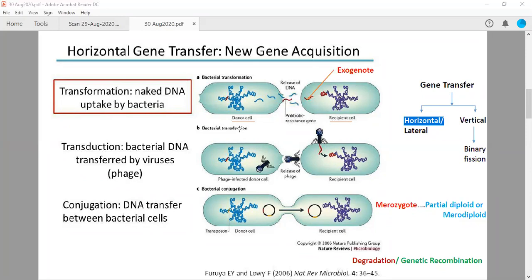Whereas in transduction, it is not direct; it needs bacteriophages to transfer these genes or fragments from one bacterial cell to another during subsequent infectious processes. Bacteriophages are specific viruses which only infect bacteria. They are very specific, and in some cases, for example, lambda phage infects E.